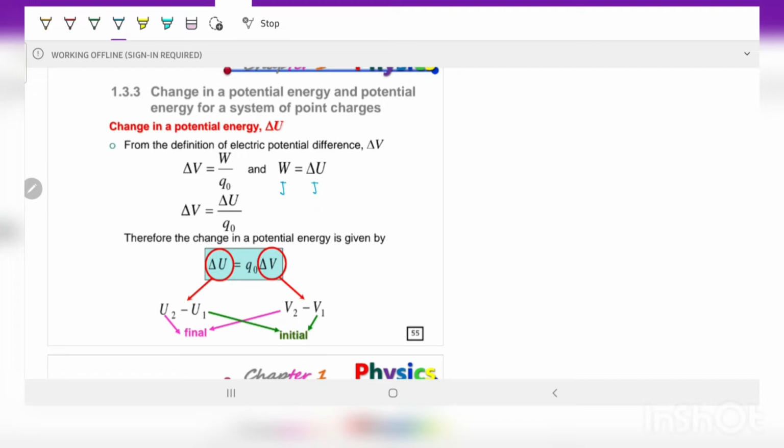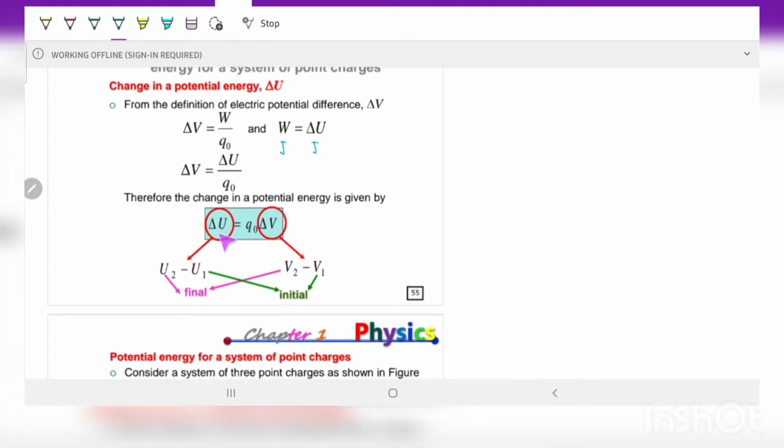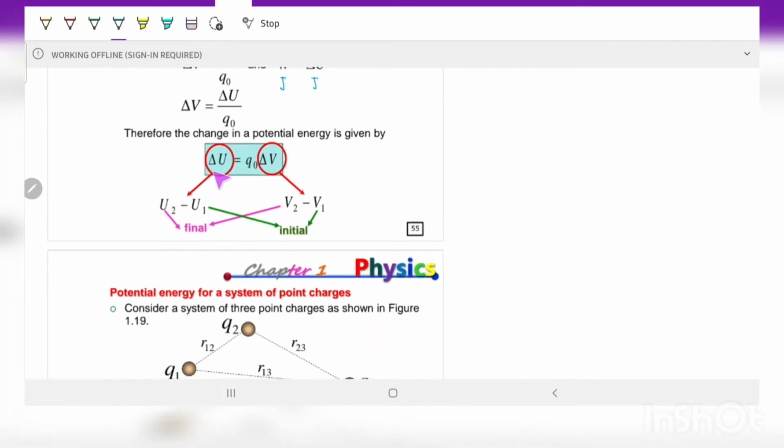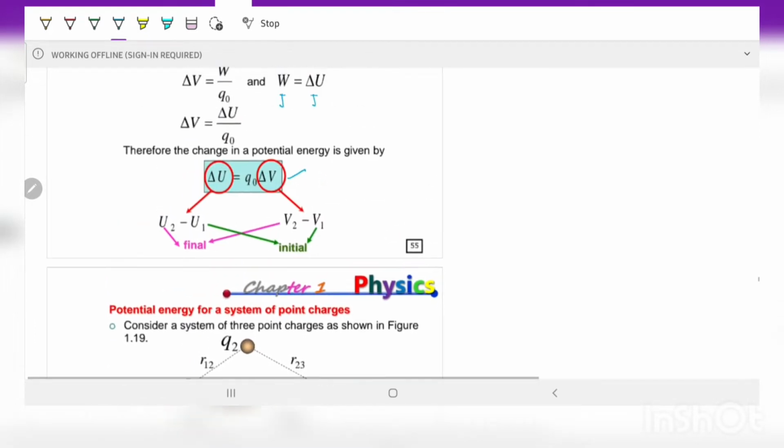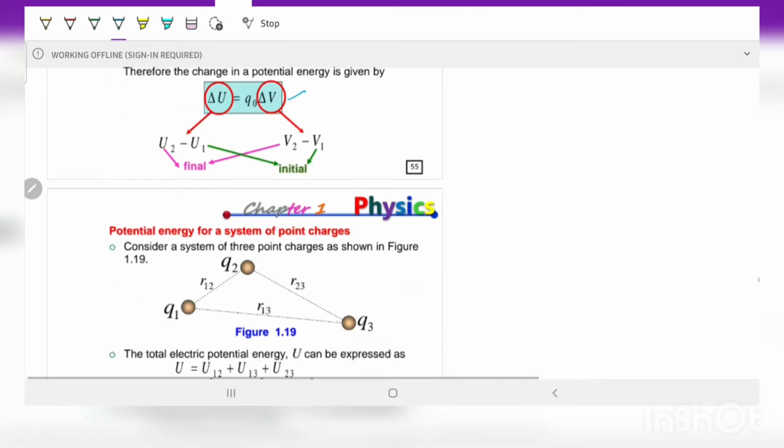So that's why kita boleh equate kan lah. So work done in bringing a test charge samalah juga dengan energi yang diperlukan untuk membawa test charge from one point to another. So delta V sama dengan delta U over Q naught. So kita rearrange, so dapat delta U equals Q naught darab dengan delta V. Bila kata change, dia mesti final tolak dengan initial. Okay, so ini konsep datang daripada ini je lah kan.